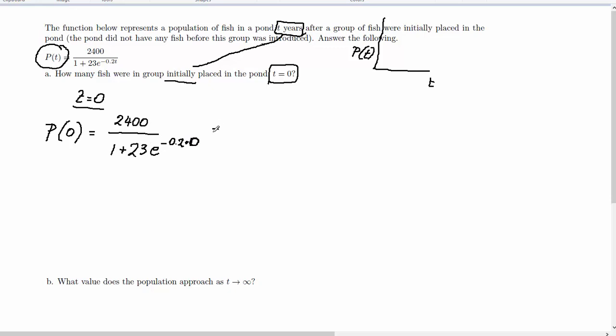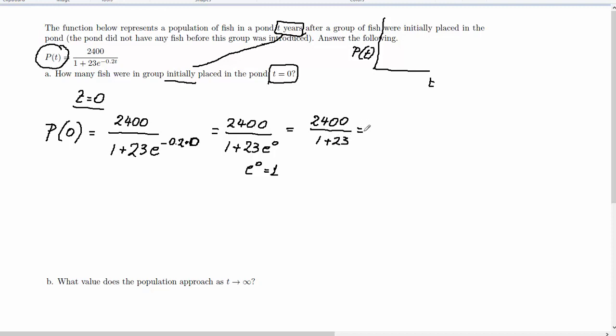So what we have right here is the same fraction. The numerator is not affected in any way, divided by 1 plus 23 times e to the 0. Well, e to the 0, as any number raised to the number 0, is equal to 1. So we replace now the e to the 0 by 1 in our fraction, and we have 2400 divided by 1 plus 23 times 1, that is 23.